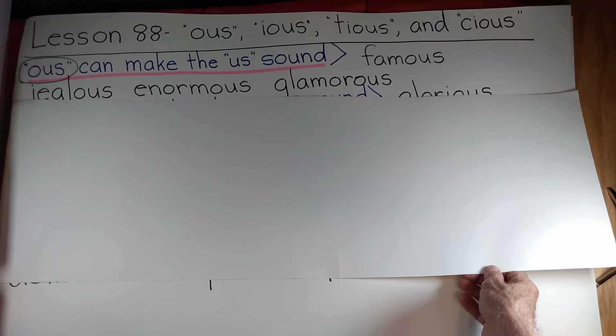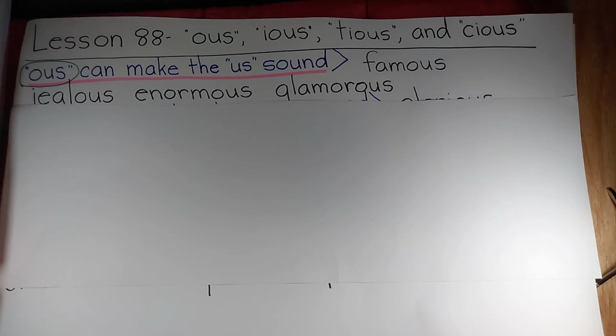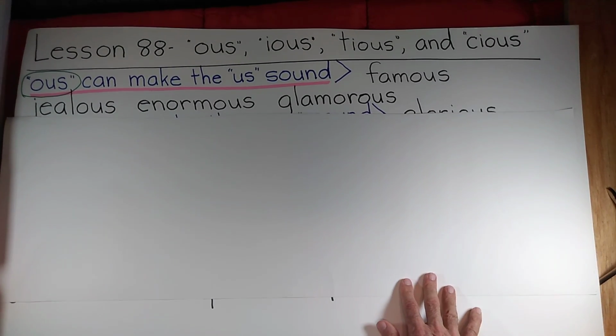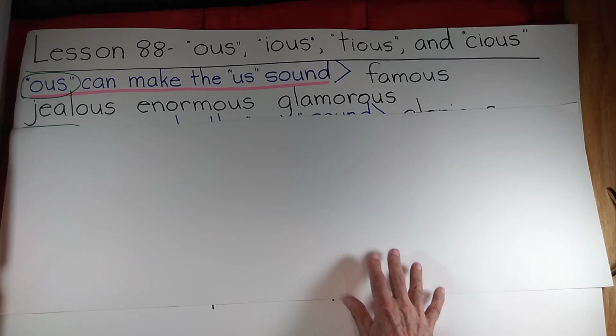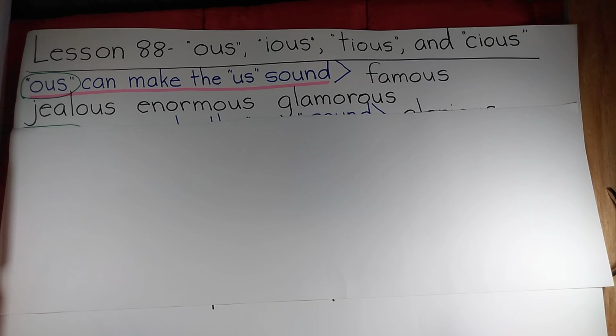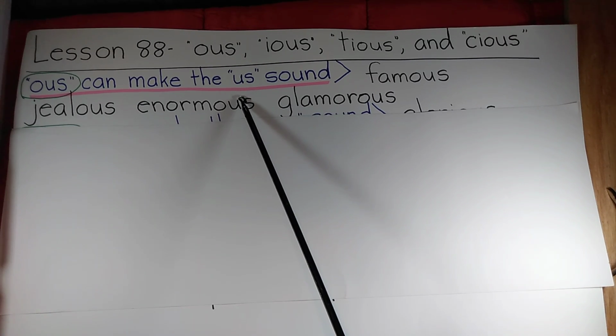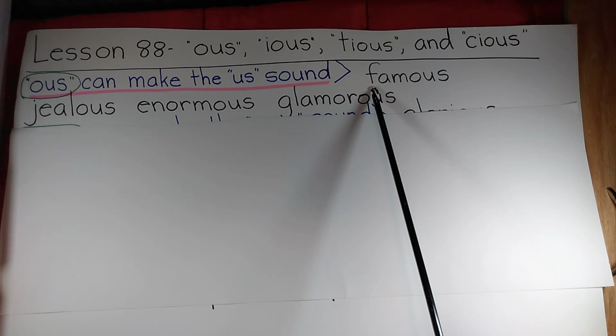Our last lesson, 88, had 4 different combinations to look at. And the first one was O-U-S, which often makes the us sound as if the O is silent. Students, say these words before I do.